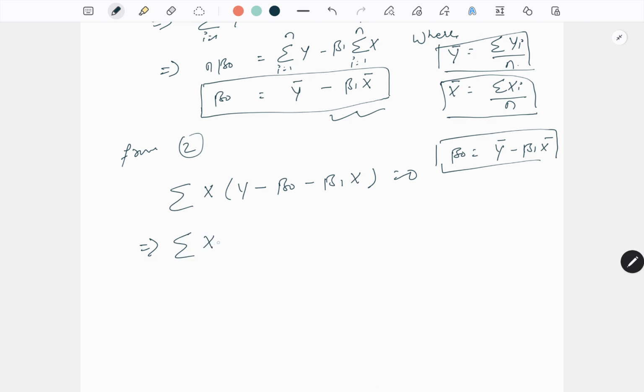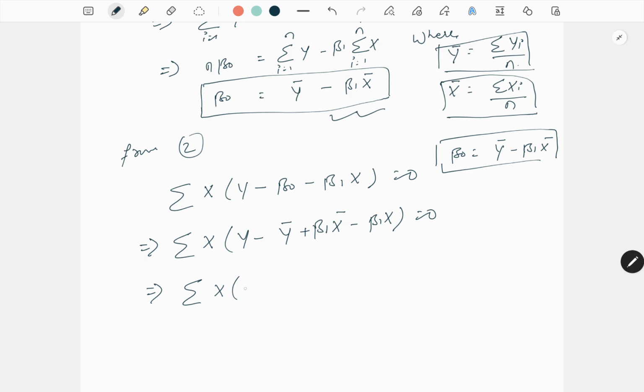We will get sigma x times (y minus y bar, and minus minus becomes plus, beta 1 x bar minus beta 1 x) equal to 0.